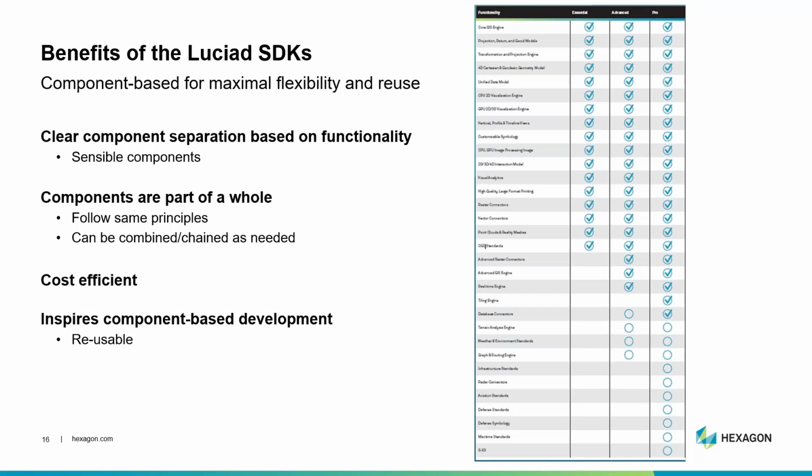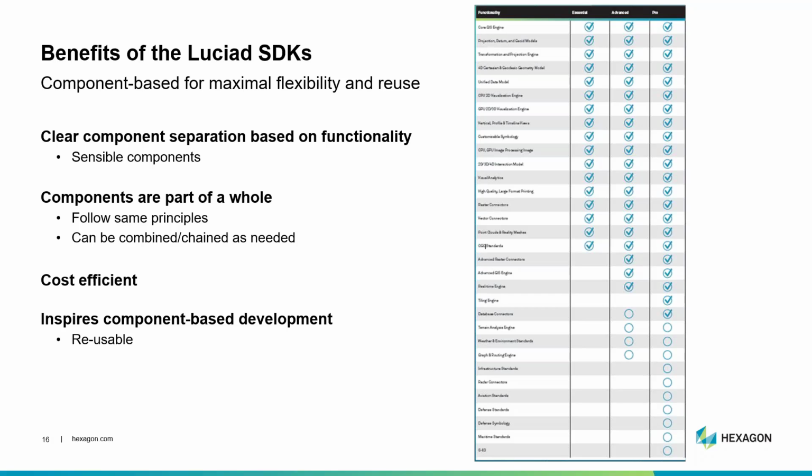The text on the diagram on the right might be a bit small, but you would see, for instance, near the bottom there, the optional components regarding aviation standards. And that component contains all the aviation standards you could possibly need. The same for radar connectors or maritime standards. It always is a nice, sensible package of additional features that add to the SDK.